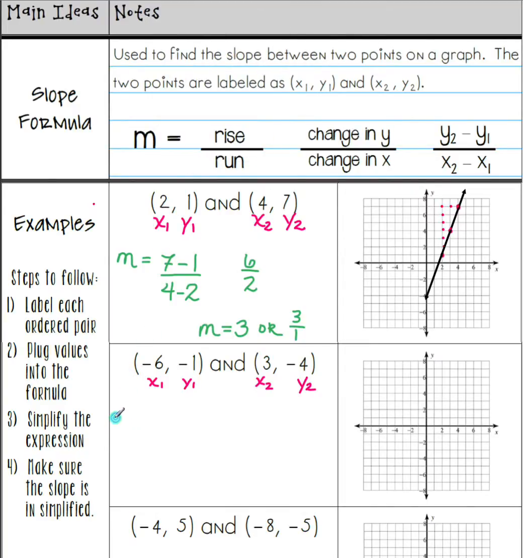So our m we're going to set equal to, our y sub 2 is -4, minus, and our y sub 1 is -1. Make sure that we plug those values into the formula accurately, because the minus is a part of the equation, and then we need to make sure that we bring down that -1. We're going to put that over our x sub 2, which is 3, minus our x sub 1, which is -6.